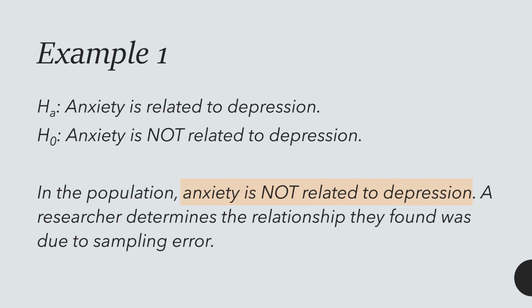Now, this is obviously false. I'm just using this as an example, or at least it's false based on what most research tells us, that anxiety is related to depression, right? So a researcher determines that the relationship they found was due to sampling error. You'd want to look at that and say, okay, well, what does it mean to determine that it was due to sampling error?